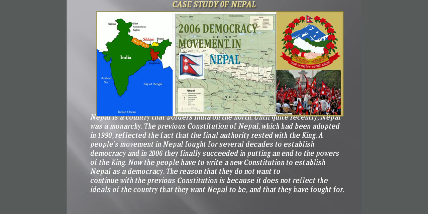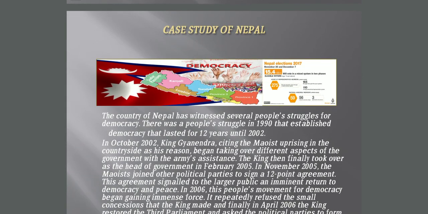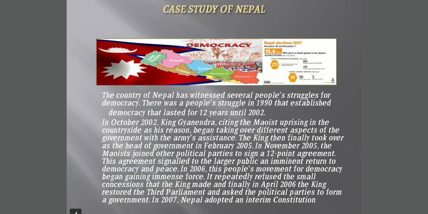One picture shows the party flag, as well as people demonstrating for the establishment of democracy. Now if we see the map of Nepal, there are different districts, and the result of 2017 is also depicted.